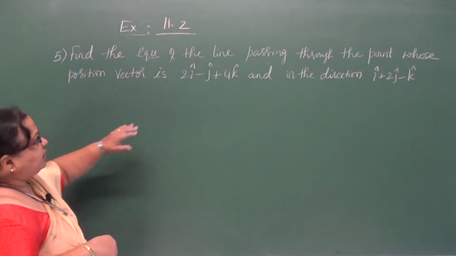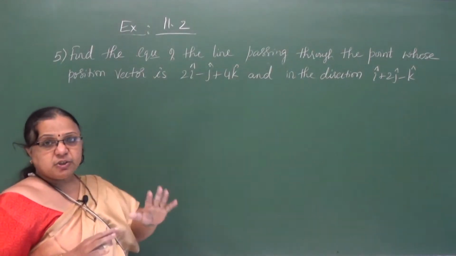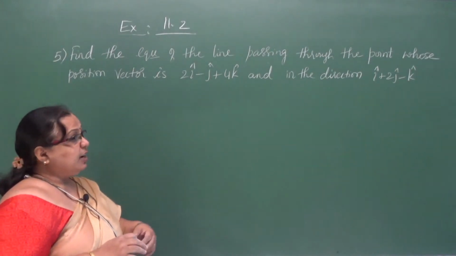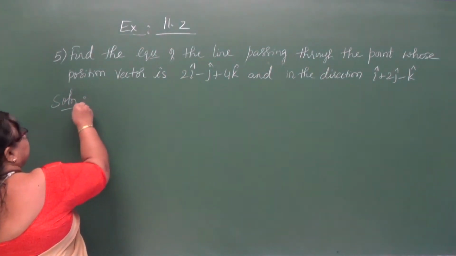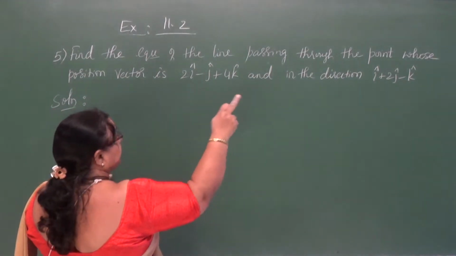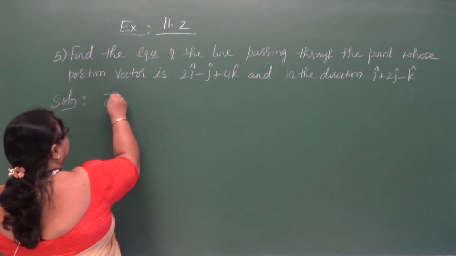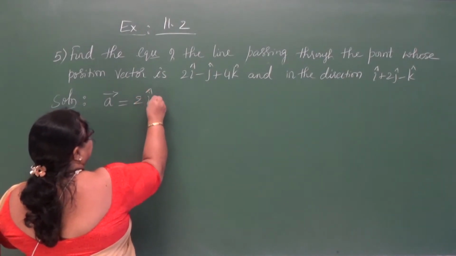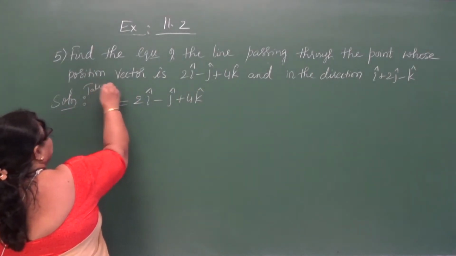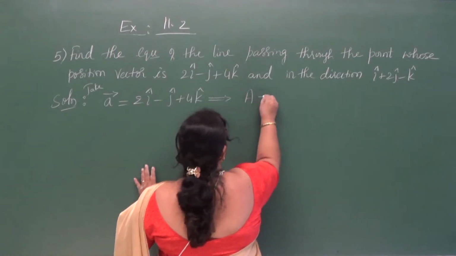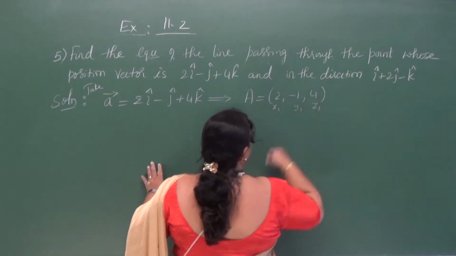If they say it passes through a point, it is always theorem 1, because in theorem 2 they give two points through which the line passes. So that would be theorem 2. We represent the given data symbolically: passing through the point A whose position vector is vector A, that is 2i minus j plus 4k. So the point becomes (2, minus 1, 4), that is x1, y1, z1.